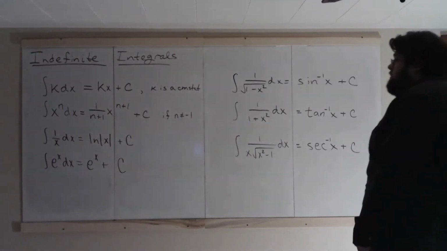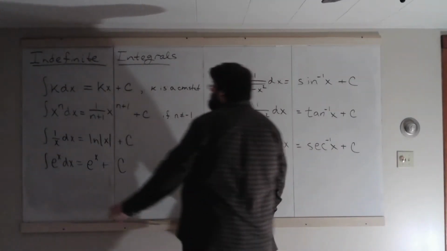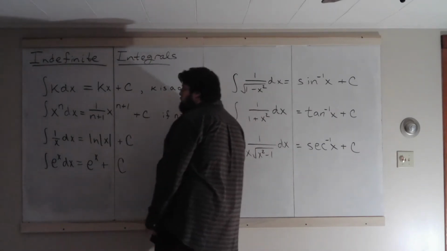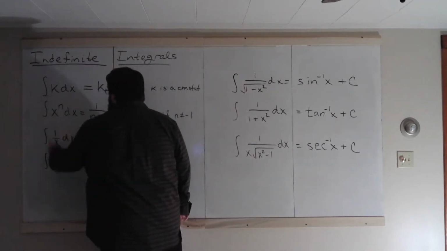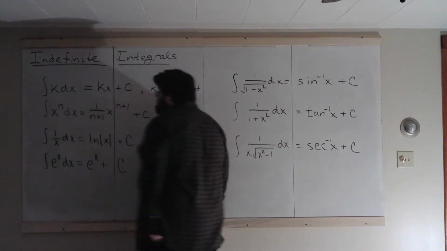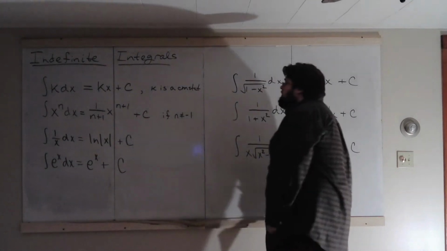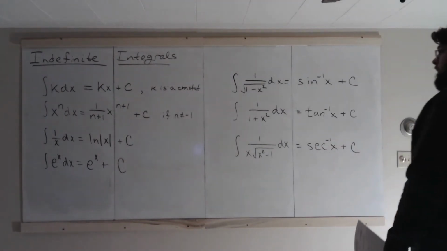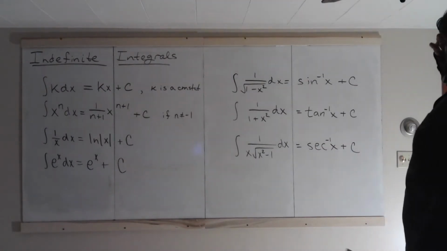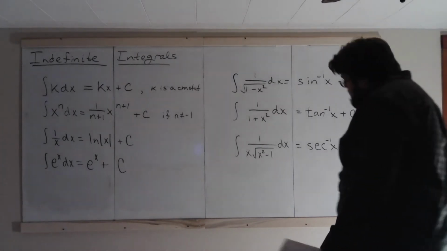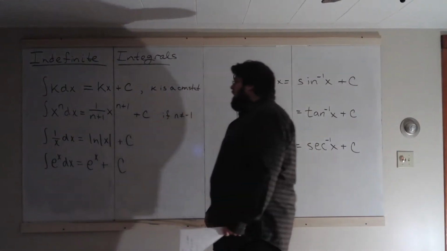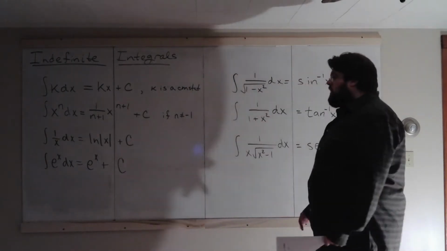The next one, well, this one doesn't work if n equals -1, but fortunately we can still do it. If n equals -1, you have x to the -1, which is the same as 1 over x. And the integral of 1 over x is log of the absolute value of x plus c. The absolute value is there because this x can be negative, but logarithm doesn't exist for negatives.